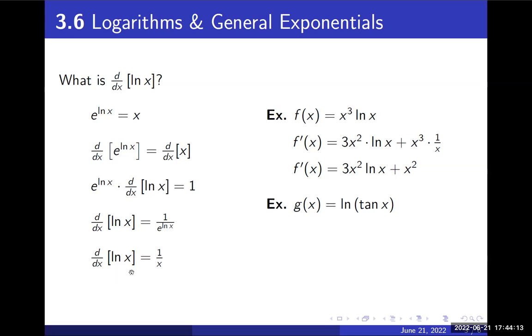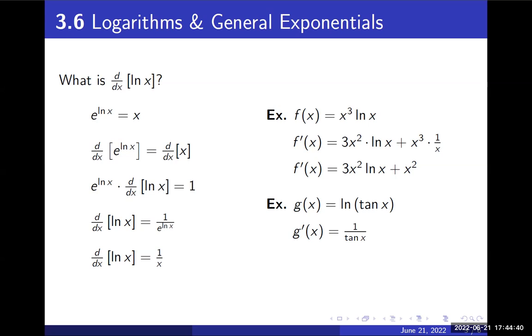We go back to the rule. Derivative for natural log x is 1 over x. So whatever appears here inside the natural log, that's what's going to go in our fraction. So if we've got the natural log of tangent x, then the derivative for the outside is 1 over tangent x.